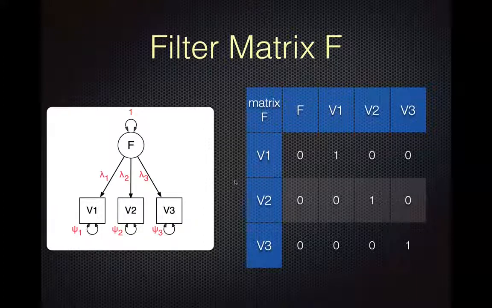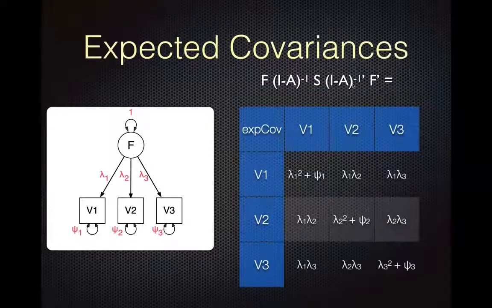So, having organized those three matrices, we can use the RAM algebra formula. And so this is F multiplied by the identity matrix. That's just a matrix with 1s down the diagonal and 0s everywhere else. Take this quantity and invert it, and then compute what we call a matrix quadratic. So that's a matrix times another matrix times the first matrix transposed.